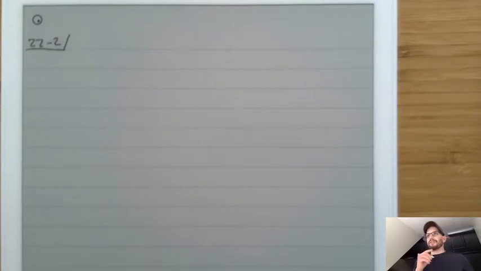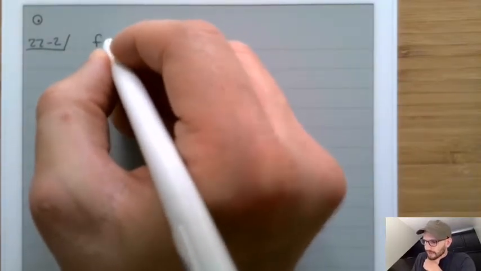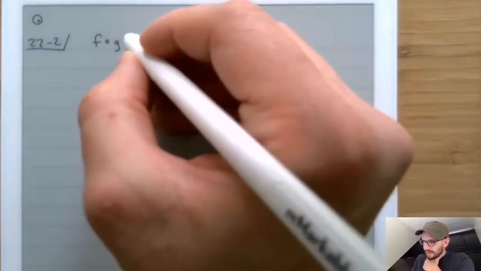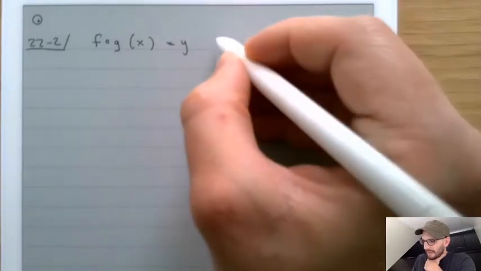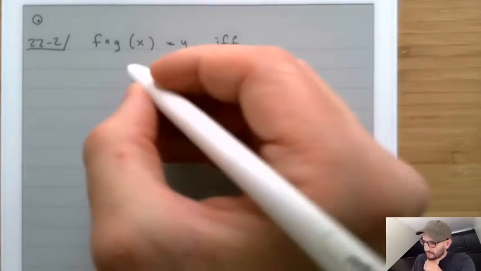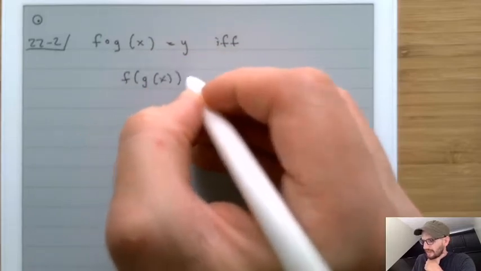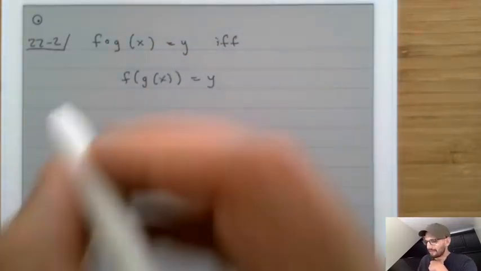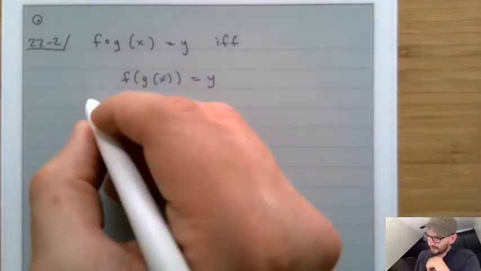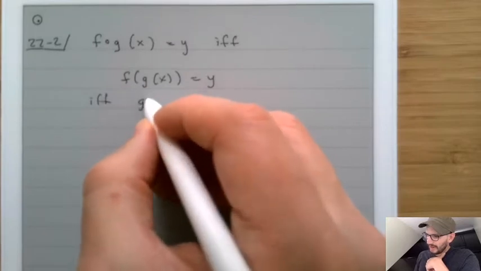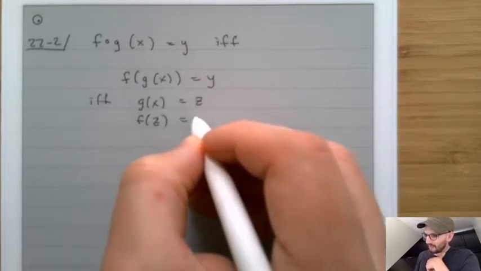Remember, to compose a function, we would say that f composed with g of x equals y if and only if, when we call f on the result of calling g on x, we get back y. That means that there's some other value, z, such that g of x equals z, and f of z equals y.